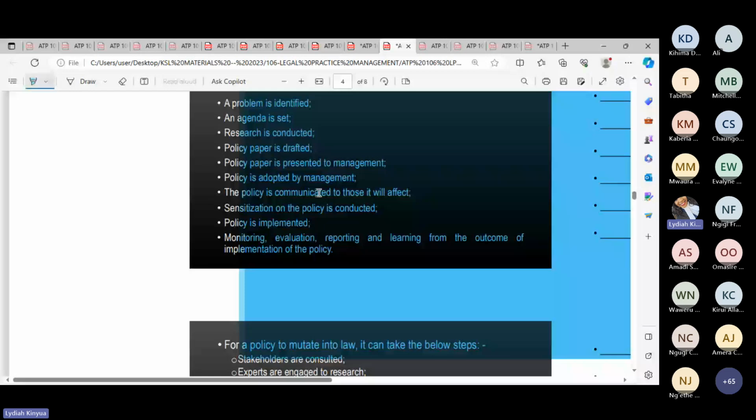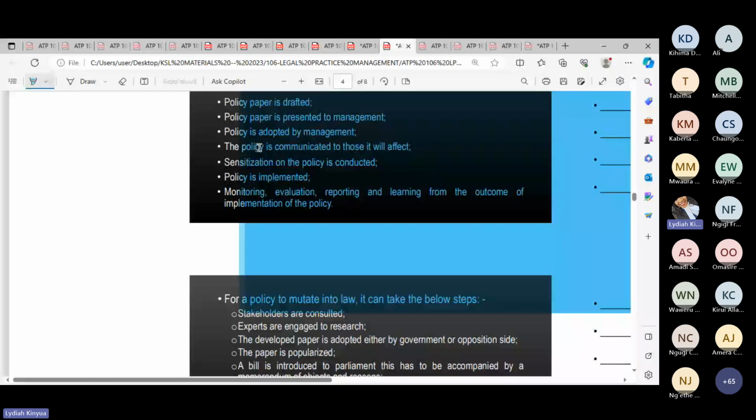Number four, you draft your policy paper, a general draft policy paper. After you draft it, you present it to the management. The management could suggest that you need some amendments, which you will make. Ultimately, the final policy is prepared and adopted by the management. Then the policy is communicated to everybody it will affect, for example, the organization.